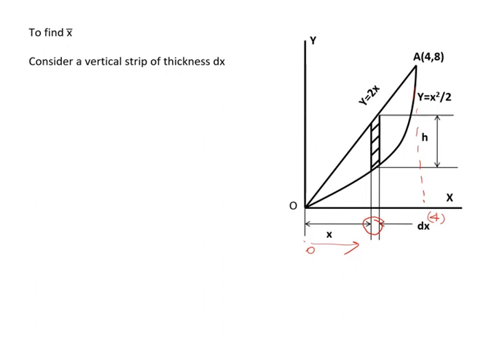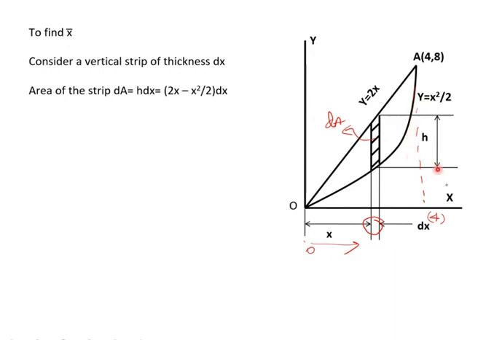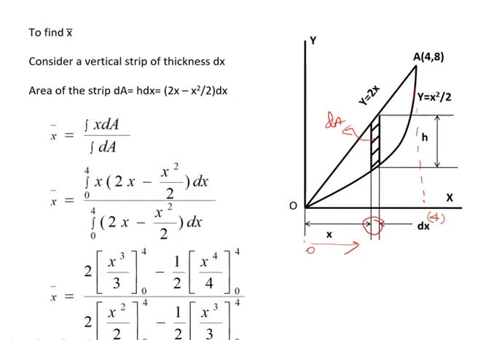We are considering a vertical strip of thickness dx. So area of the strip dA, I can take it as h, height into width, that is dx. This height I can mark as the difference between these two curves, that is 2x minus the y ordinate of this, that is x square by 2, into dx, that will give you the area.